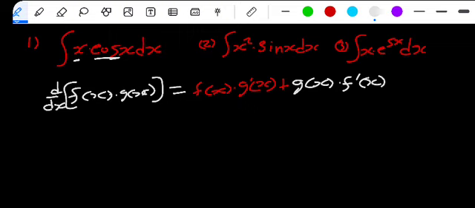So here we'll use it, and we'll apply it to integration by parts.